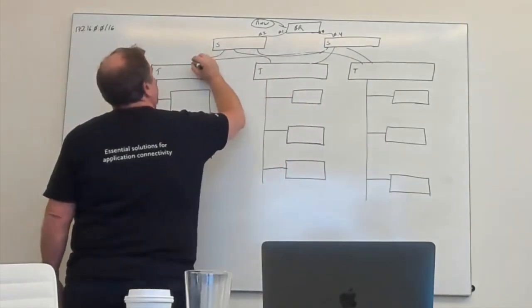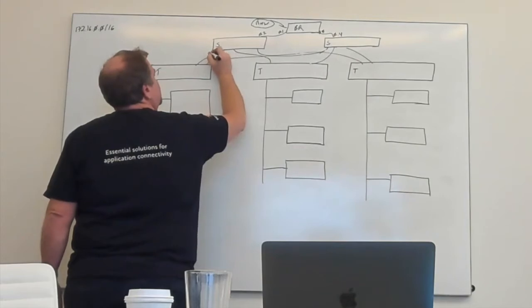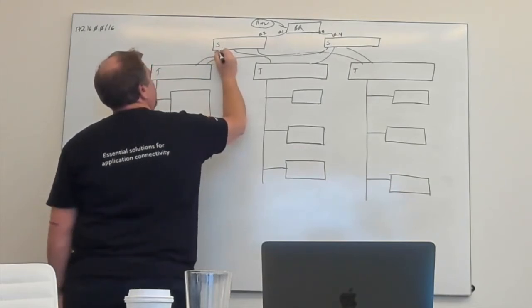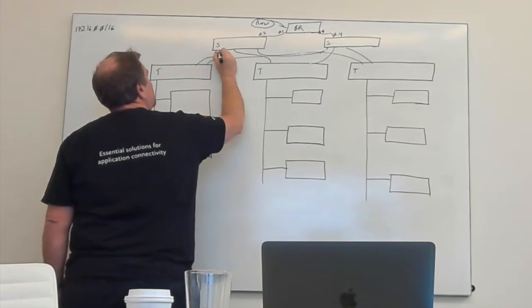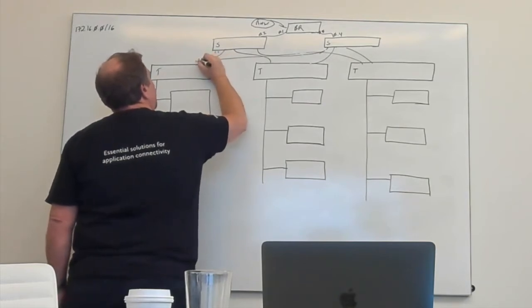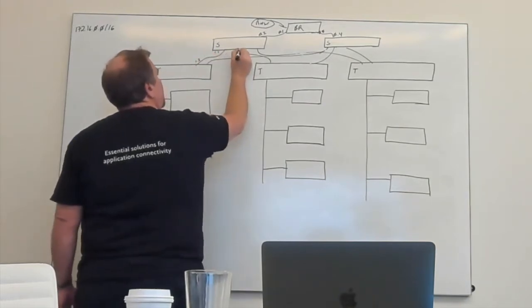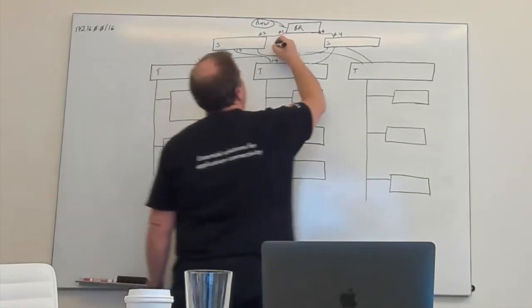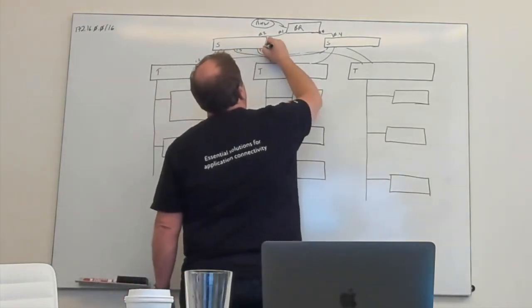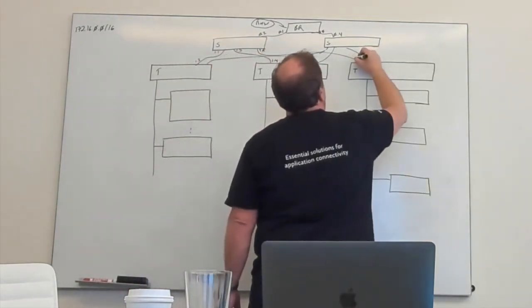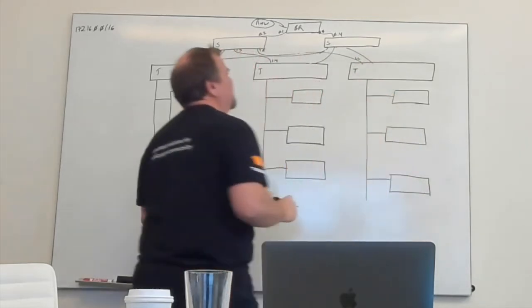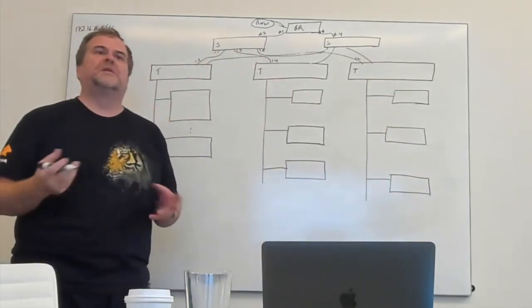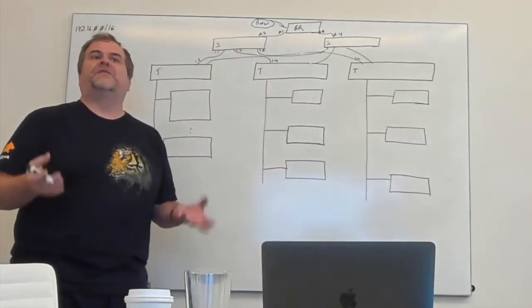Then this one is 1.1, 1.2, 1.3, 1.4, 1.5, 1.6. The way you address these, and are these L2 or L3, very variable.